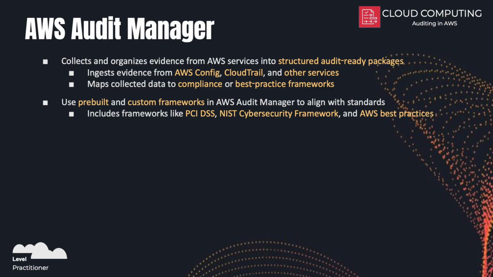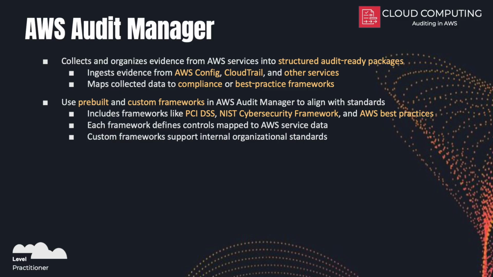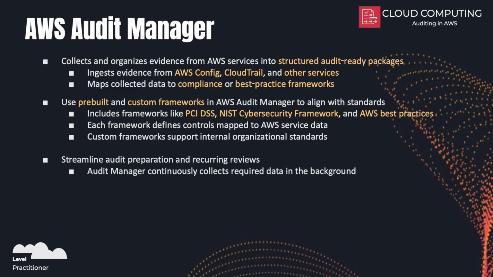AWS operational best practices. Each framework comes with a set of controls, and Audit Manager maps data from AWS services to those controls. You can also create custom frameworks as you wish if your organization follows its own internal standards as well. But the thing to remember is Audit Manager automatically collects the required data in the background.